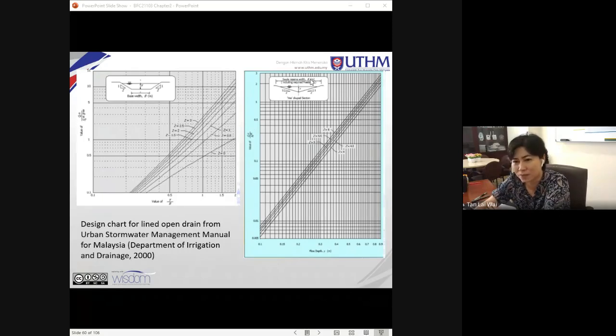Of course, your Z is provided. For example, in this case, it is still using Z. You see why initially in chapter 1, I introduced the Z. Even in this design chart, they are still using the Z, which is the horizontal scale for the side slope. So it's very important to standardize it.